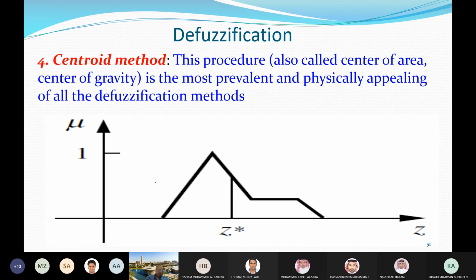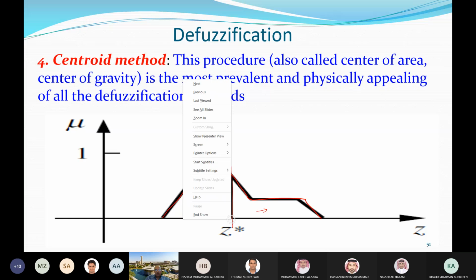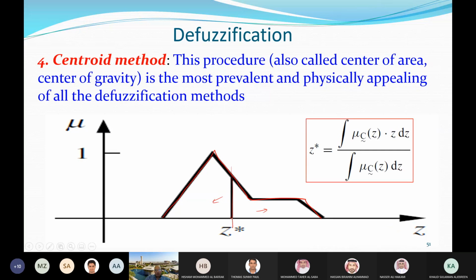Assume that this is the collective output. I want to find the centroid of this area, where the area here is equal to the area here. So this centroid will give me the output value, the exact numerical value or crisp value for the output.